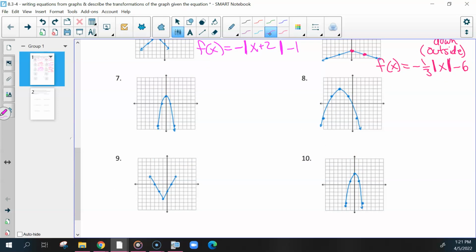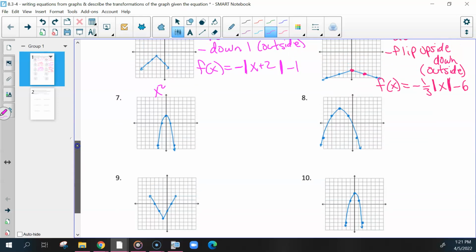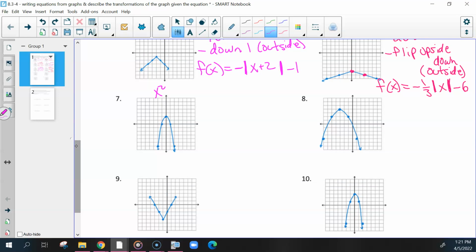For number 7, what type of function is that? Quadratic, your x squared. If you don't remember what it's called, you can just say x squared, that's fine. And compared to your original, what happens?